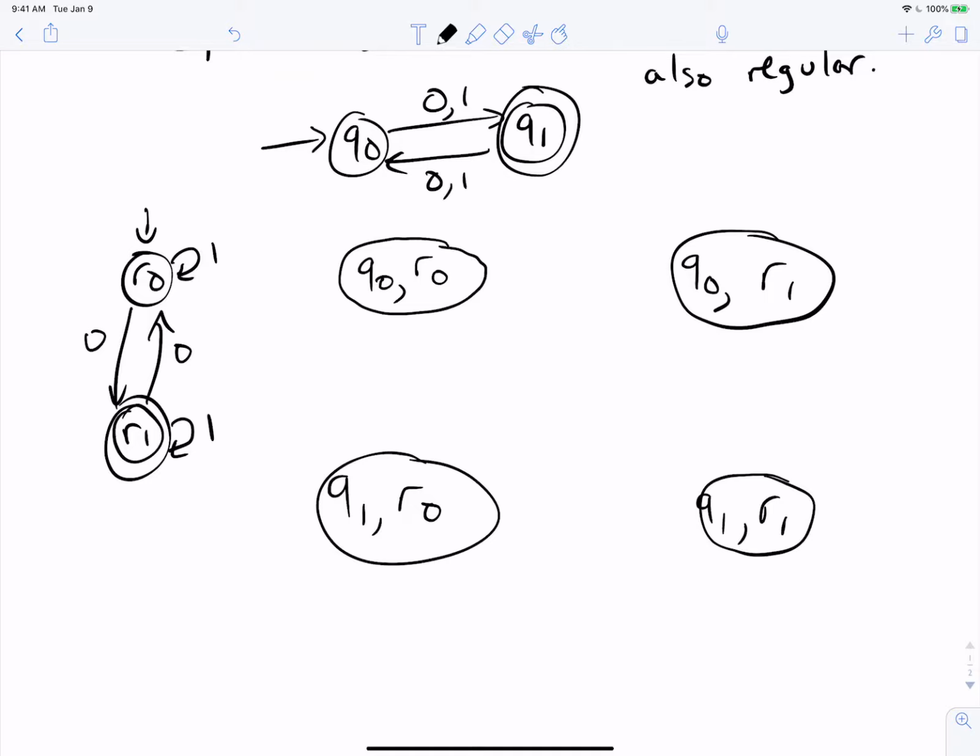I can be in 2 states of the first machine and 2 states of the second machine. Independently, I could be in all 4 combinations. So of this 4-state machine we're building, which state should be the start state?